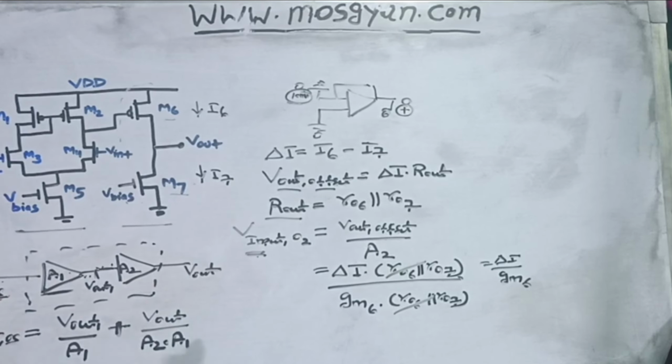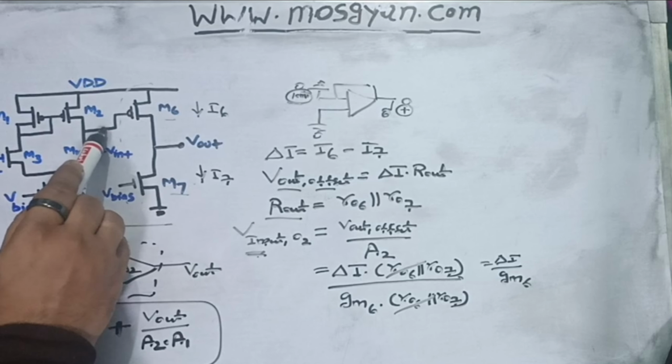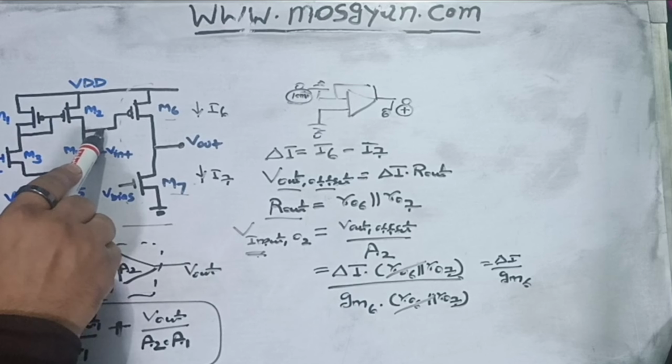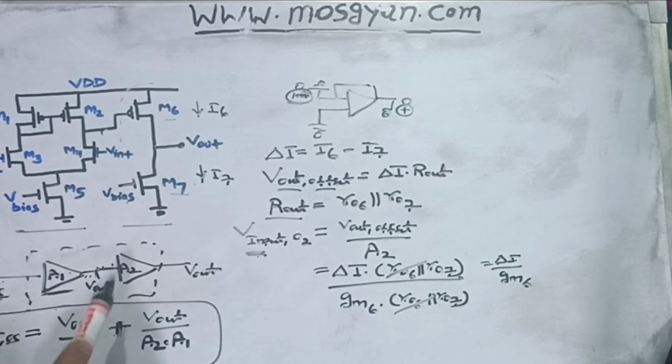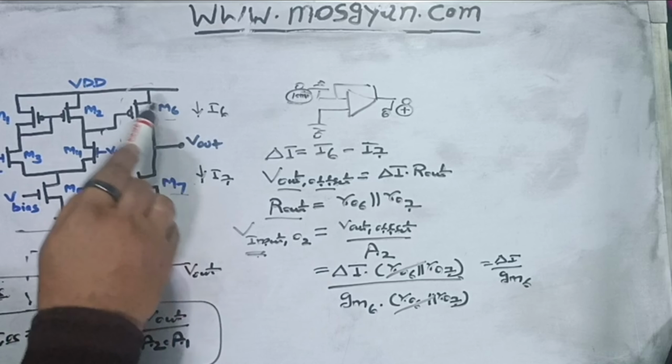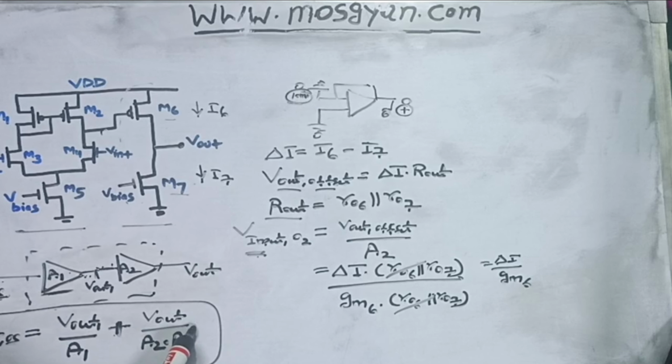That's why, if we are calculating the input referred offset voltage for the whole system, it will come like this: Vout divided by A1, which is the input referred offset voltage for this differential amplifier, and in addition to that, we will add the input referred offset voltage for the second stage, which is equal to Vout divided by the gain of both the amplifiers. So this is the final answer.